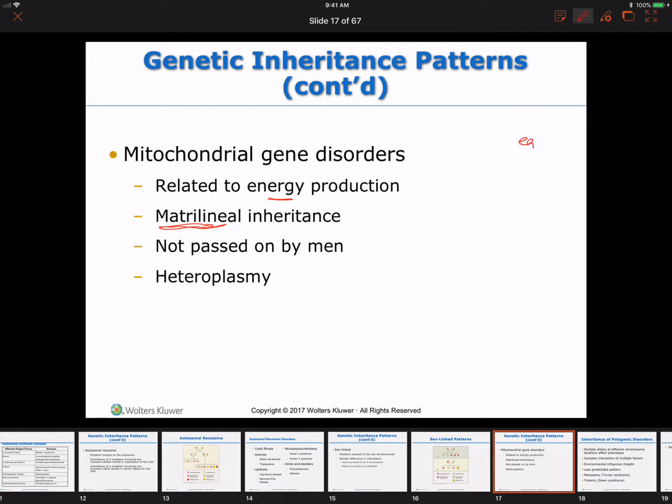When the egg cell and the sperm cell unite, only the mitochondria in the egg cell will continue the journey. No mitochondria from the sperm cell will actually be passed into the zygote. So all the mitochondria you have came from your mom, all the mitochondria your mom has came from her mom, and so on and so forth. So it's never passed by men.